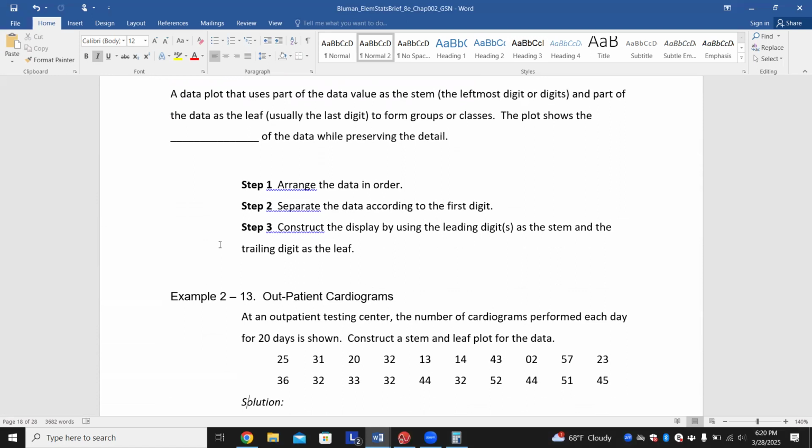The plot shows the shape of the data while preserving the details. So step 1, we'll arrange the data in order. Step 2, separate the data according to the first digit. Step 3, construct the display by using the leading digit as the stem and the trailing digit as the leaf. So let's look at that.